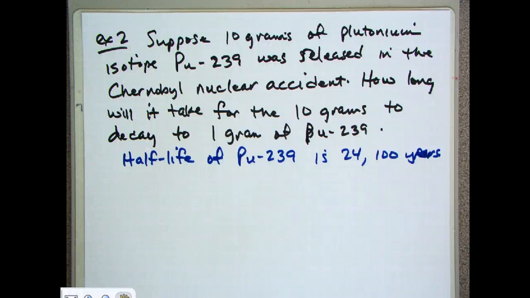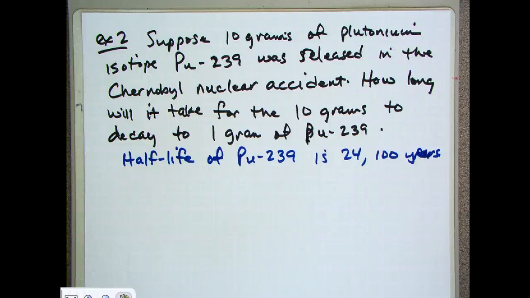So just by those calculations, to go to 1.25, we should know it's going to be 24,100 times 3. So it should be over 72,000 years.